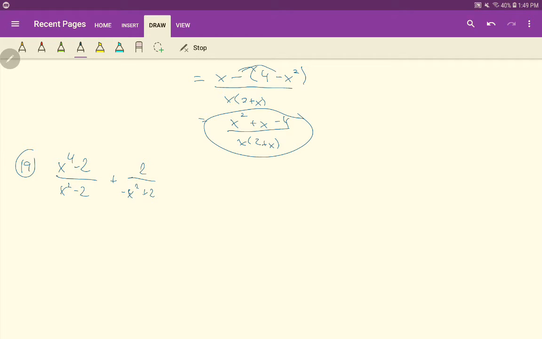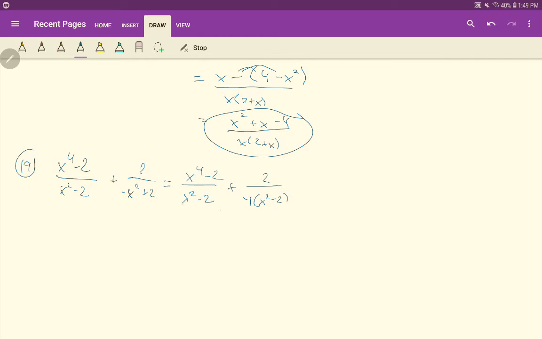Again, we're adding, so that means we need common denominators here. I'm looking at my two denominators. I can see they are not the same. However, they are very close. In fact, I can factor a negative 1 out of this denominator right here, just like so.